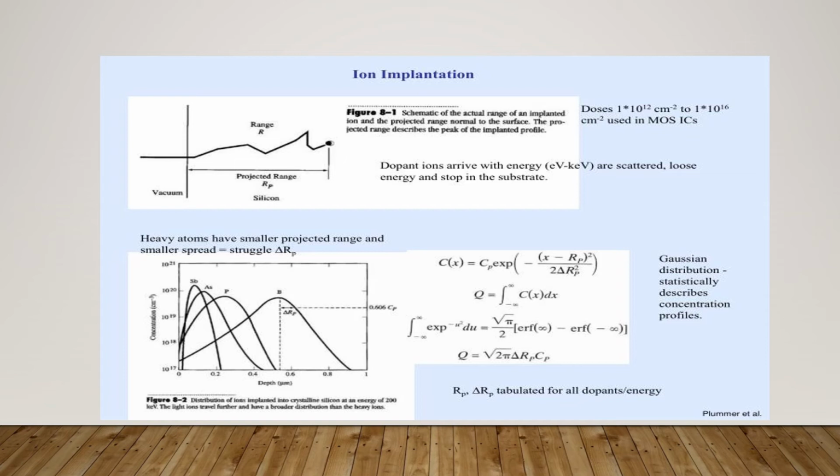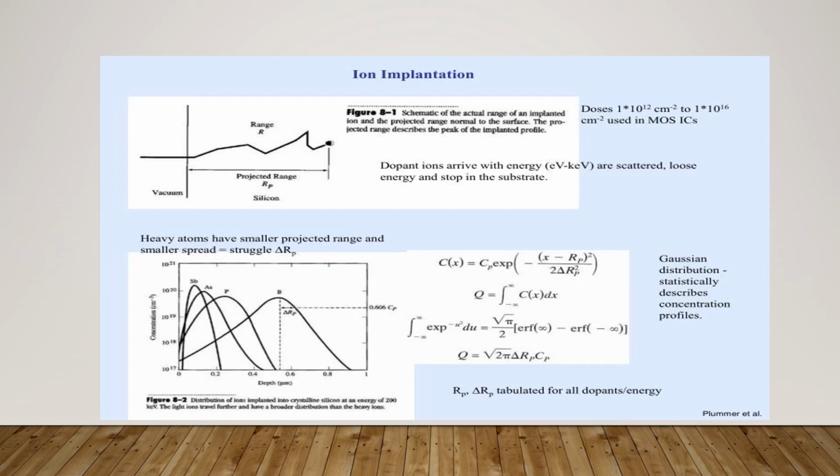Okay, such type of figure we can obtain, that is the distance from the surface, which is in micrometer, and then here you can write the concentration of any dopant which you are using. So you can see here that in this way your ion will go, and up to this it will reach its highest concentration.